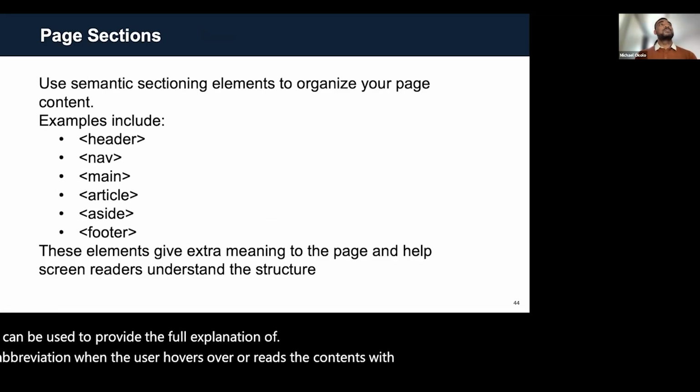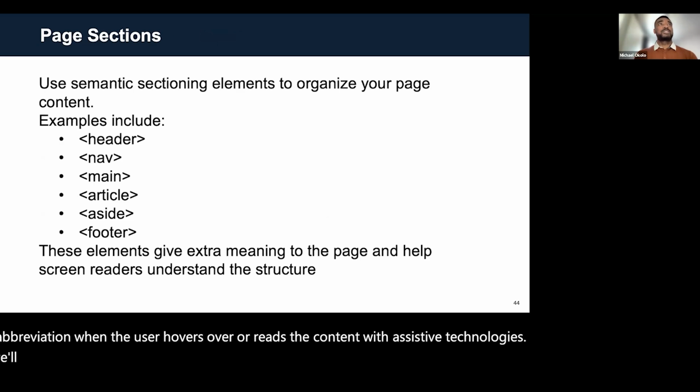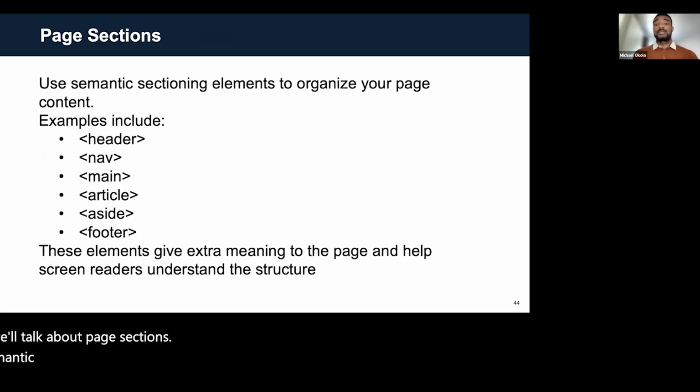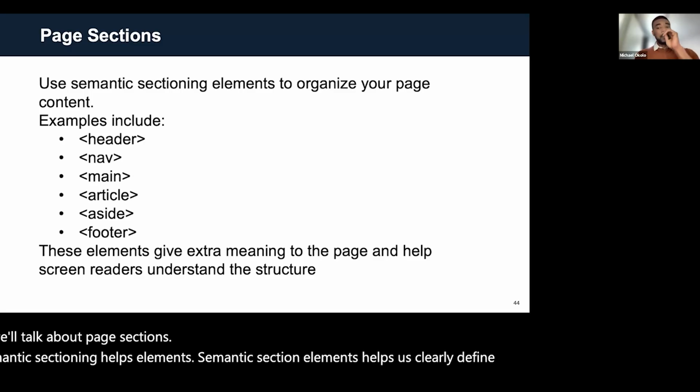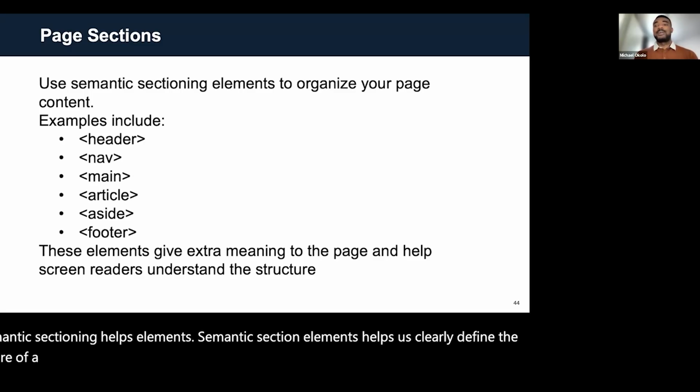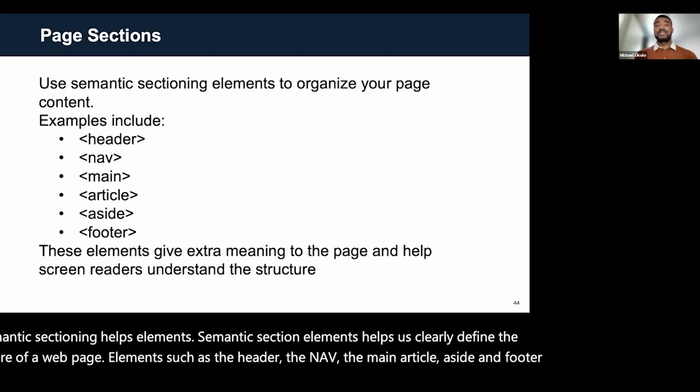Next, we'll talk about page sections. Semantic sectioning elements help us clearly define the structure of a web page. Elements such as the header, the nav, the main, article, aside, and footer each represent a specific part of the layout.